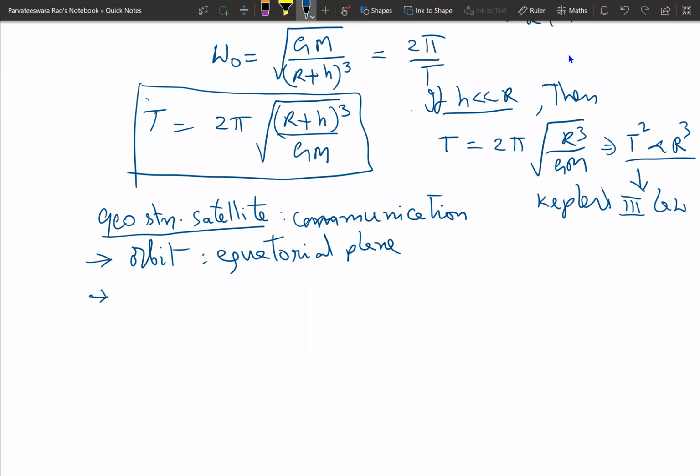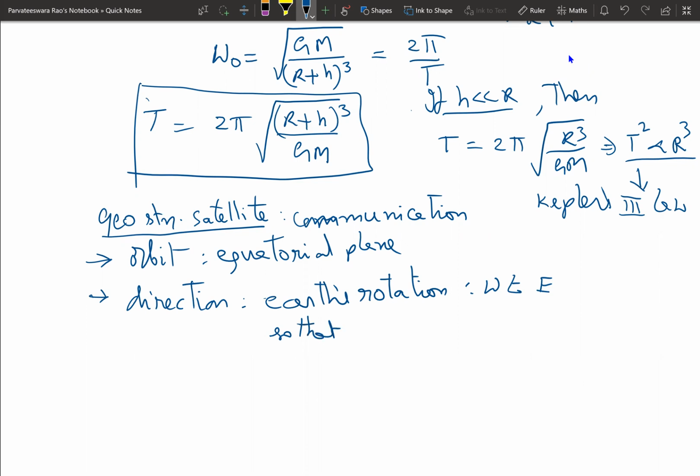Next, direction. It should be directed in the direction of Earth's rotation, that is from west to east, so that the relative velocity of the satellite with respect to Earth will be 0.